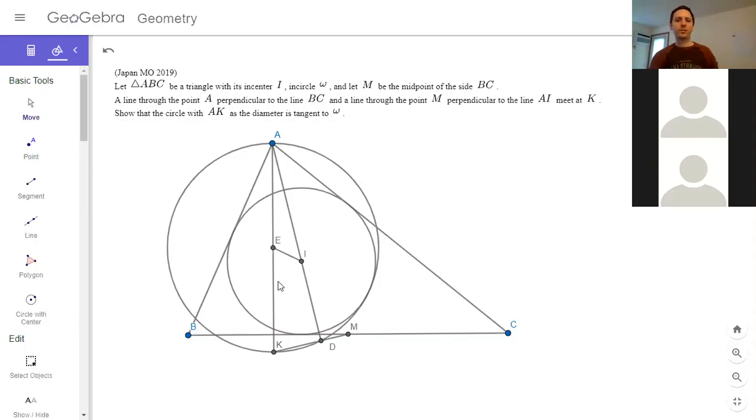So yeah, I feel like that's the most natural way to solve this, to show that EI plus the inradius is equal to AE.